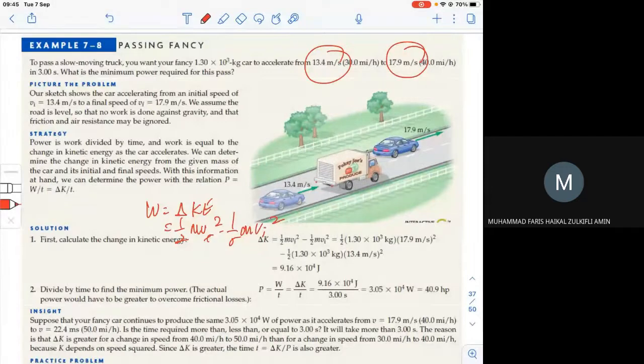So you just use this value to get delta K. Delta K is the work. So we need to use that delta K, divide with time to get 3.405 times 10 power 4 watt. Just leave it there, or if you want to convert it into horsepower, then you can divide it with the 746 watt to get the horsepower.